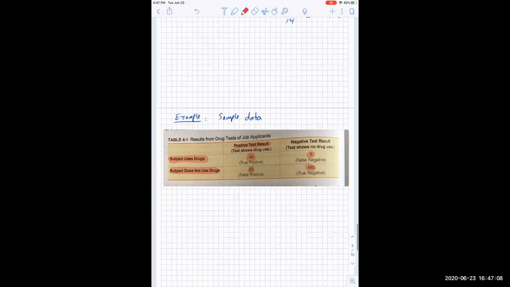And then the next row, the subject does not use drugs, but the test is positive. This is called a false positive. And of those subjects that do not use drugs, we have 480 that have negative test results, which is a true negative because they do not use drugs. So this is a summary of results from a drug test.